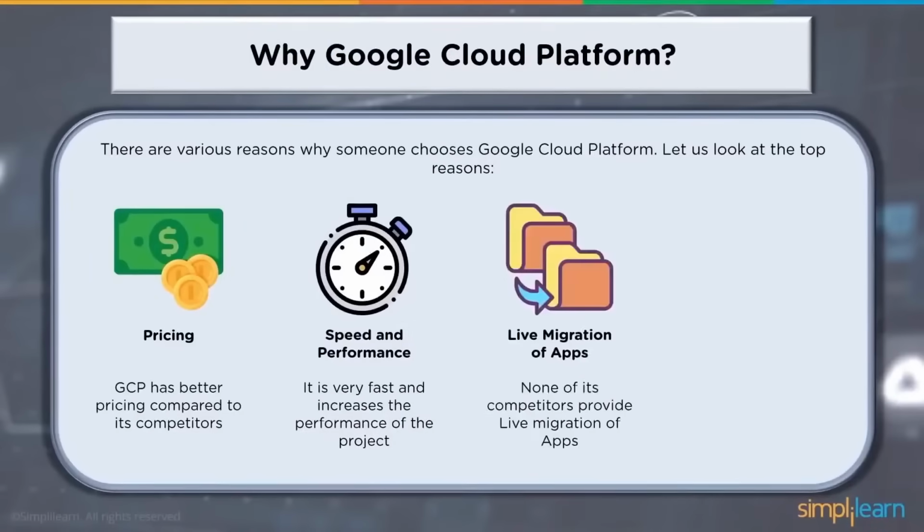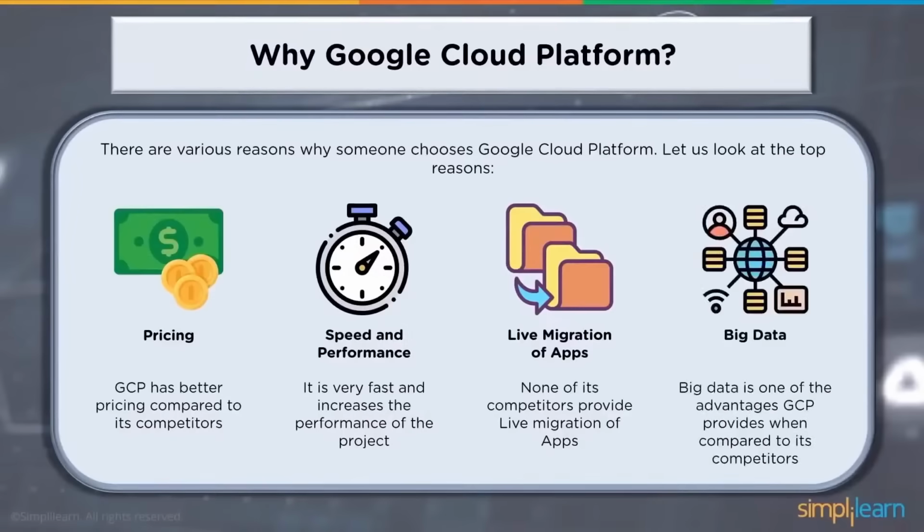Live migration of apps, and there are a huge number of solutions which I will show you further in later screens, which help an organization to adapt to a cloud platform or integrate with a cloud platform, or even completely migrate into a cloud platform. None of Google's competitors provide live migration of apps. When we talk about big data, AI, machine learning kind of solutions, GCP provides a lot of innovative solutions in comparison to other cloud providers such as AWS, Azure, and so on.